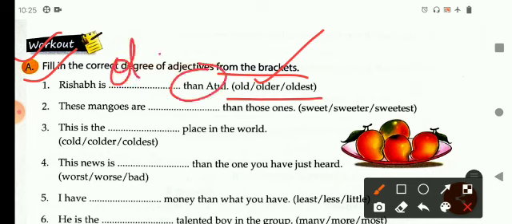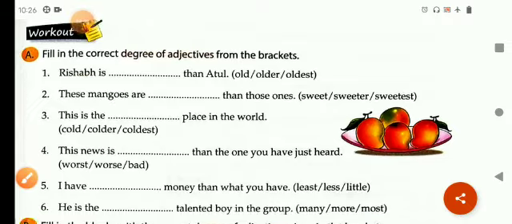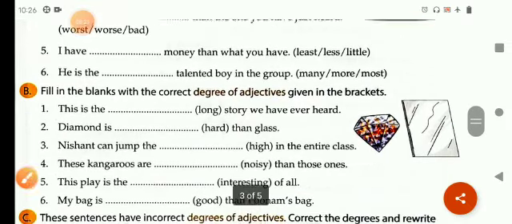So, here we will write Rishabh is older than Atul. In the similar way, second one, these mangoes are sweeter than those ones. Third one is, this is the coldest place in the world. And we know that we always use the word the with the superlative degree. Now children, in the similar way, you can complete rest of the fill in the blanks.